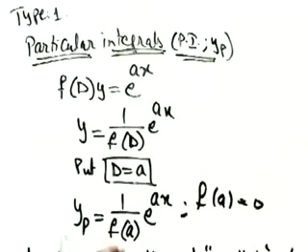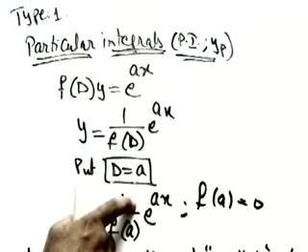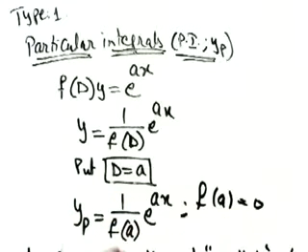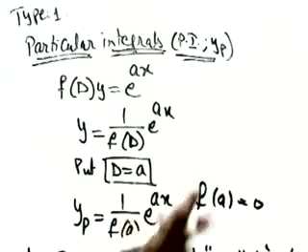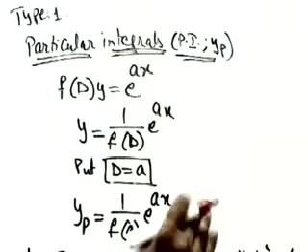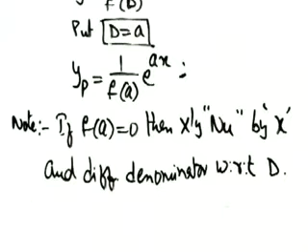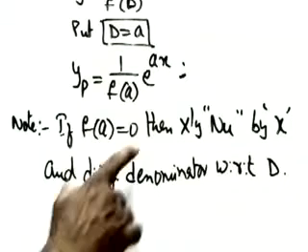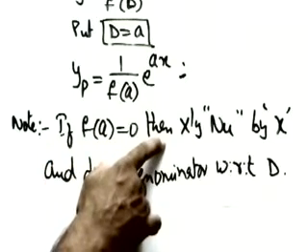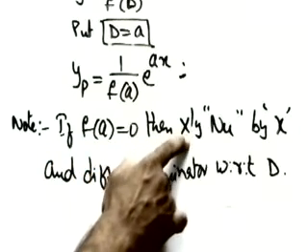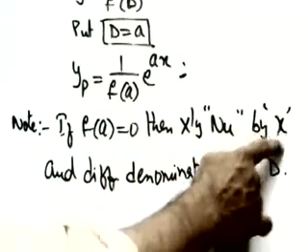Suppose f of a equals 0, we cannot find it. If this becomes 0, 1 by 0 will be infinity, not defined, so we cannot use this formula. So when f of a equals 0, we have to change the method. There are many methods for that. I'm using one method. If f of a equals 0, what do we have to do?